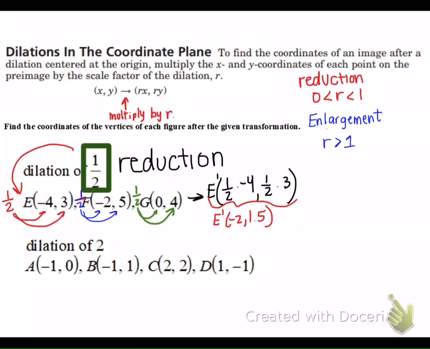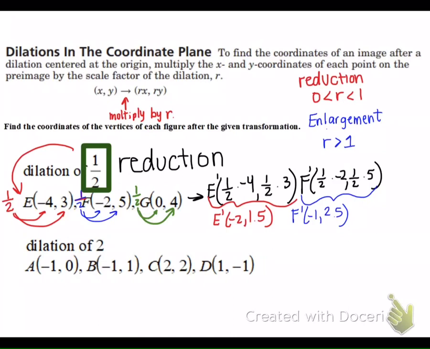If we do the next one, let's look at F. F prime is going to be 1/2 times what? Times -2. And 1/2 times what? Let's find our points for this. What's 1/2 of -2? -1. What's 1/2 of 5? 2.5.